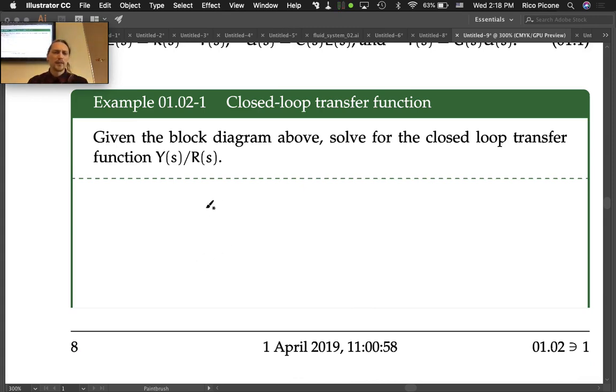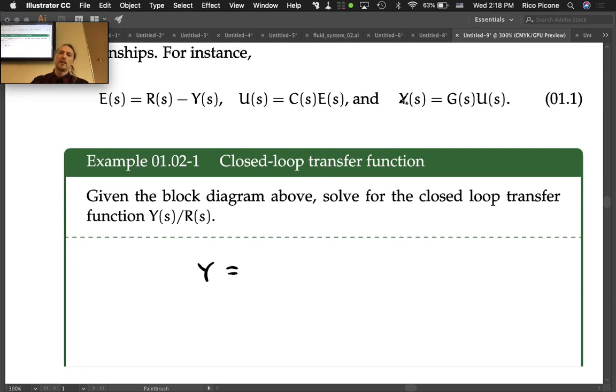I'm going to suppress the (s) here because it just gets a little messy. So Y equals, from the equation that we have that's solved for Y already, I'll call this equation 3, 2, 1. From equation 3, we've got Y equals GU, and from 2, we have that U equals CE, so Y equals GCE.